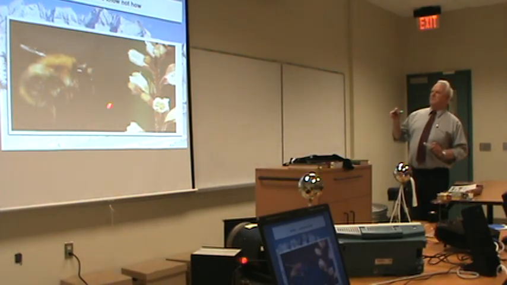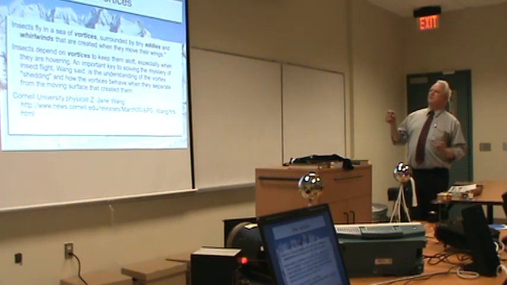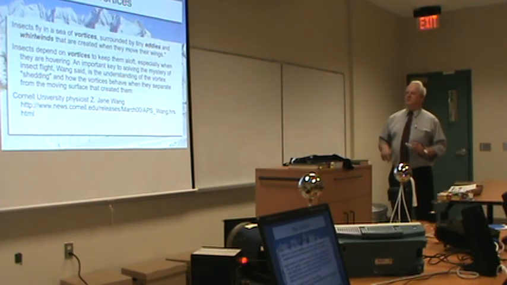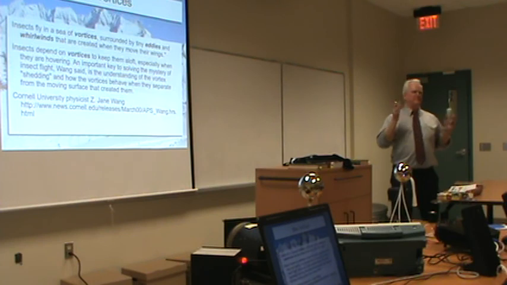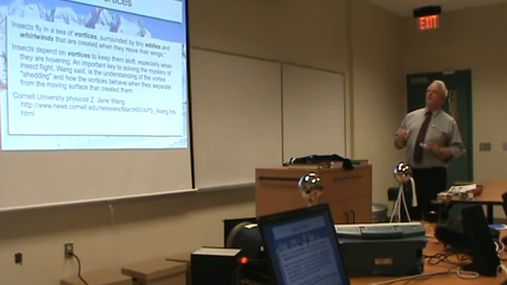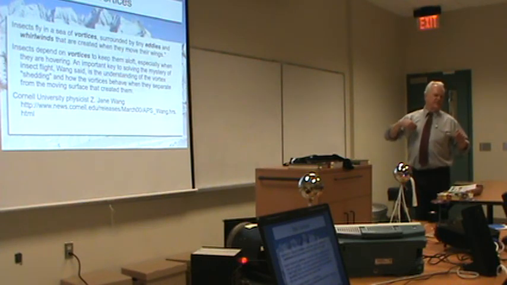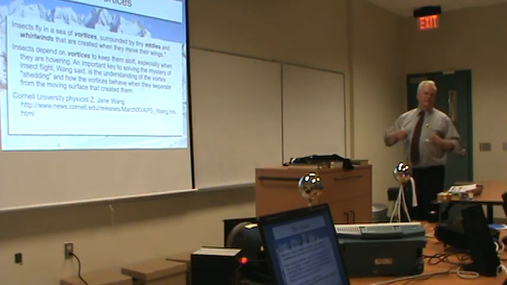So here's John's bee. He flies we know not how. Now there are some theories, like from a Cornell physicist, Wang, but there isn't a uniform agreement on how bees fly. So this idea of bees creating vortices is what combats gravity.